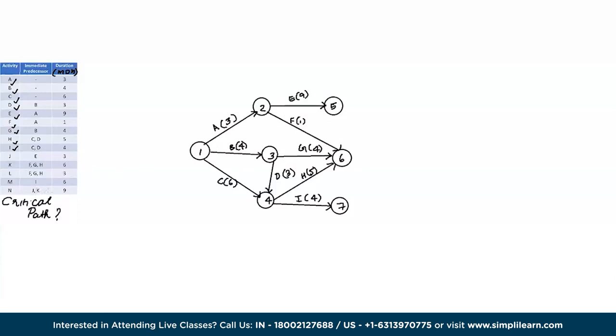As you can see here, L, M, and N don't act as immediate predecessors, which means they represent final nodes, or they connect to the final node, as you found out earlier, which is one of the rules when you're creating a network for yourself. So let's draw K. K and L are both preceded by F, G, and H. But we also know that for N, J and K connect with each other, which means we can draw J here.